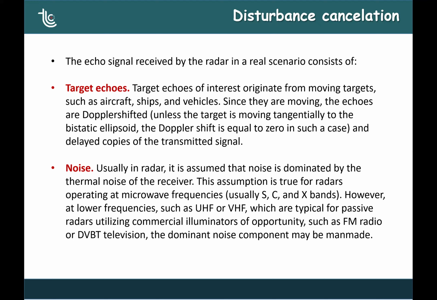The echoes, so the signal coming from the targets, are Doppler shifted, unless of course the target is moving tangentially to the bistatic ellipsoid, but this is a specific case, and anyway, over time the Doppler frequency changes.